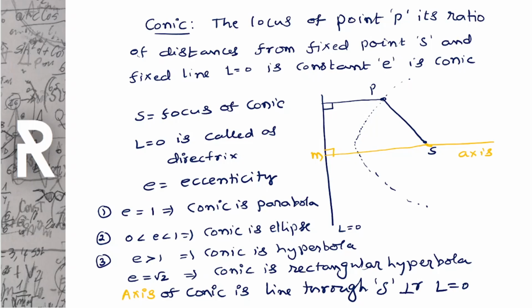And one more thing, the point of intersection of the conic and the axis is named the vertex. This is the diagram. This is the vertex.